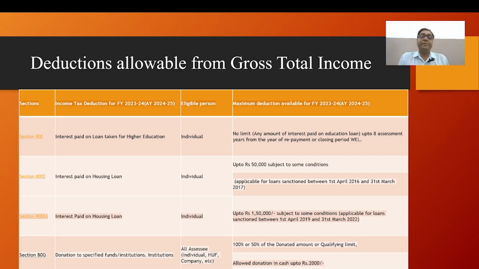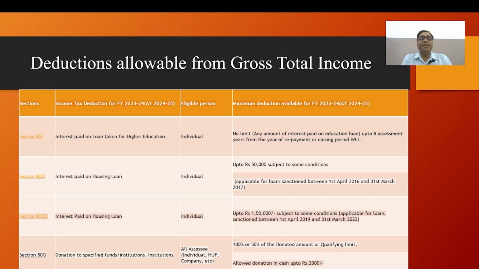It is a maximum of 8 years. You cannot take more. Just giving you an example, in a home loan you can take exemption for 20 years and 25, whichever is earlier. But here, for an education loan, it is only 8 years. If you are paying before, it will apply for whichever is earlier.